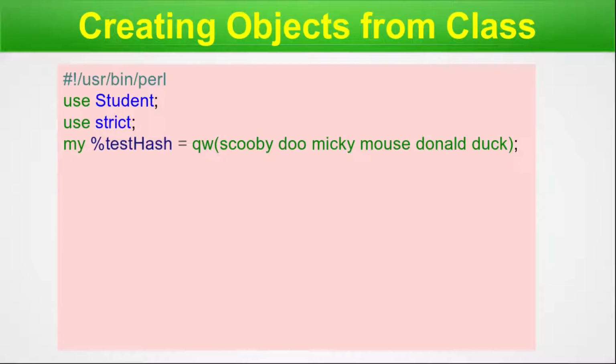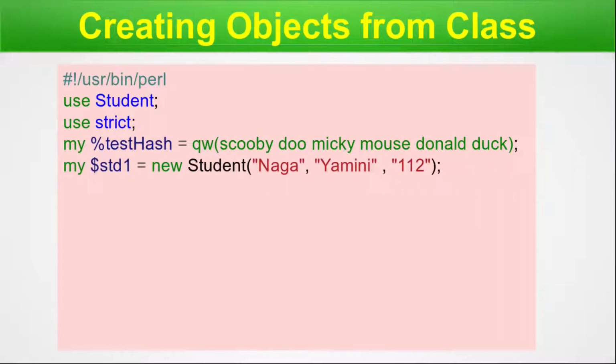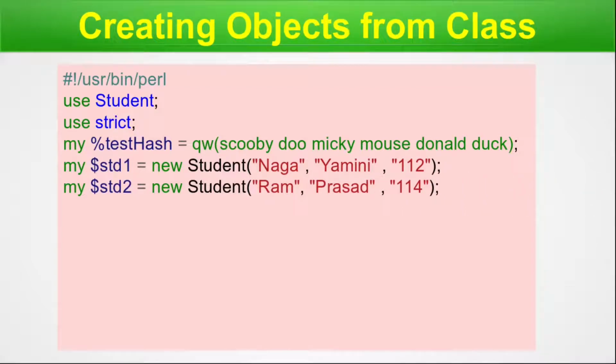For that verification I have included this test hash. Next we write student1 is new student, then give naga, the surname and the roll number, and in the next student we create a new student, then give all the attributes: the name, surname and the roll number.